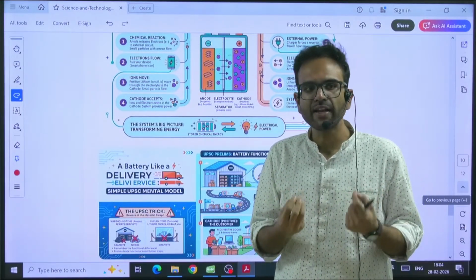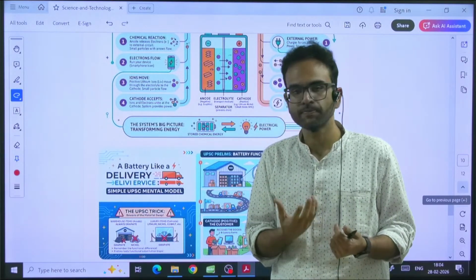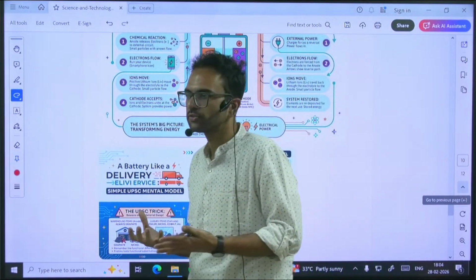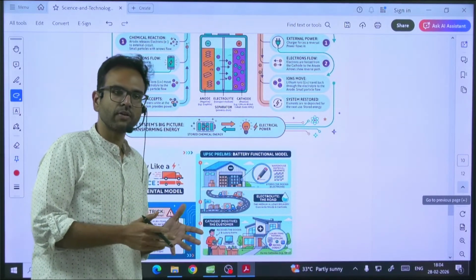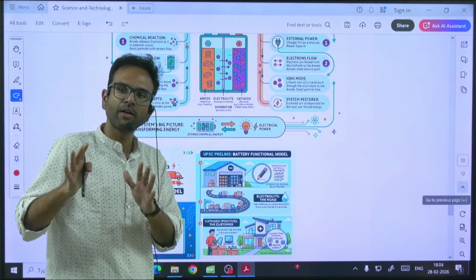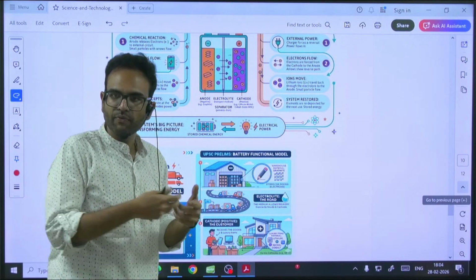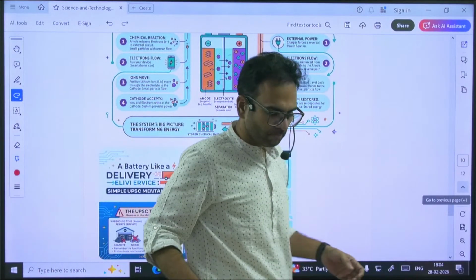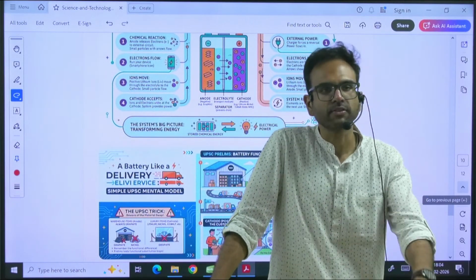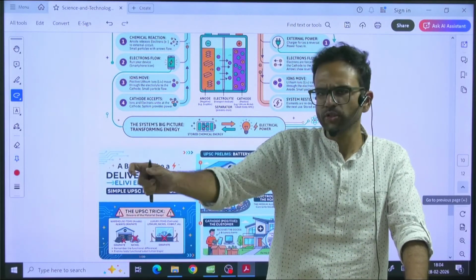Wherever energy is originating, that's called the anode. It's like the warehouse. Last year you got a question: graphite is an anode. Other metals are cathodes. So graphite, the warehouse which stores energy, gives its customers a delivery. The customers are cathodes, which are usually metals.